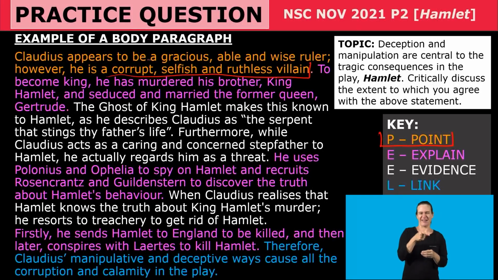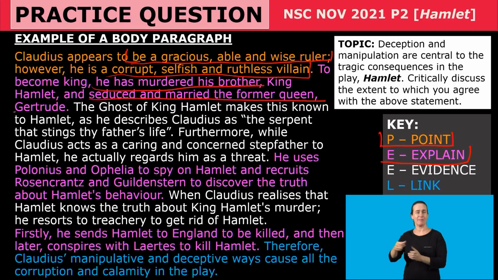So he appears to be one way, which is gracious, able, and a wise ruler. So this is all to do with manipulation and deception. He's deceiving people to believe that he's one way when he's in actual fact a different way. An explanation of the point. To become king, he has murdered his brother, King Hamlet, and seduced and married his former queen, Gertrude.